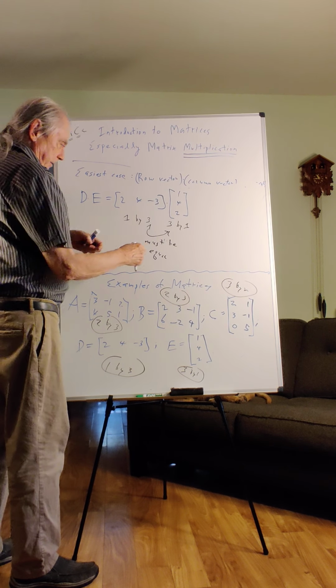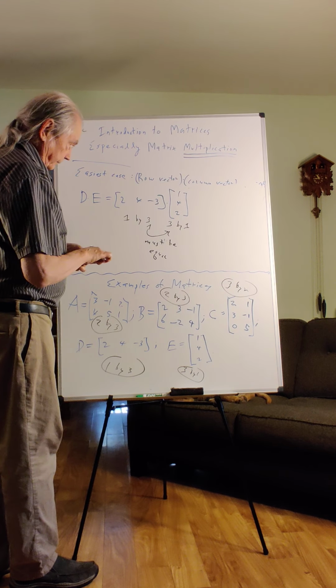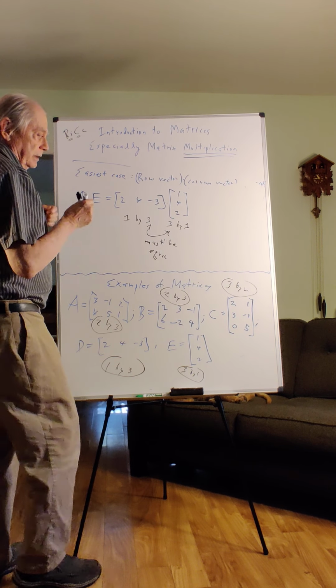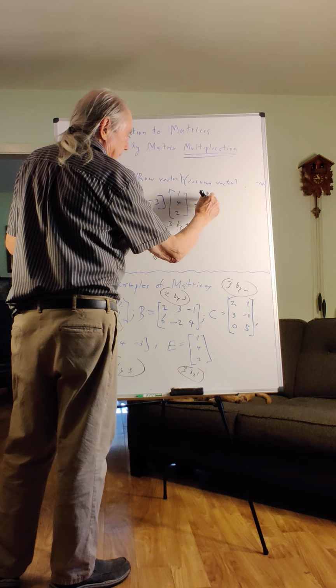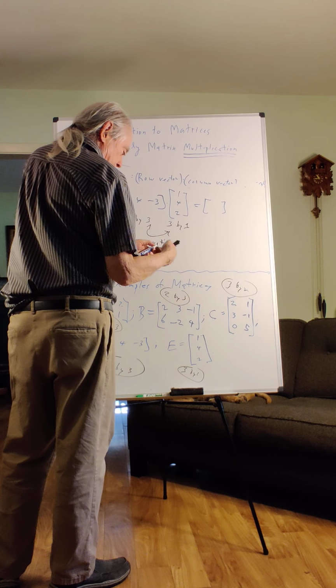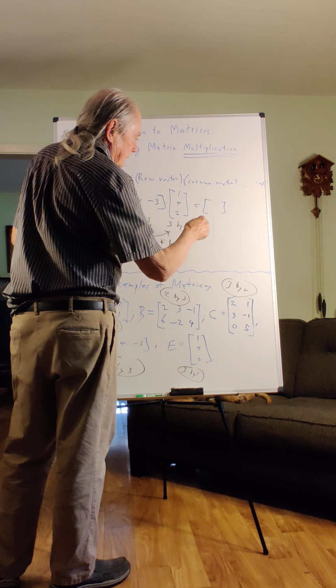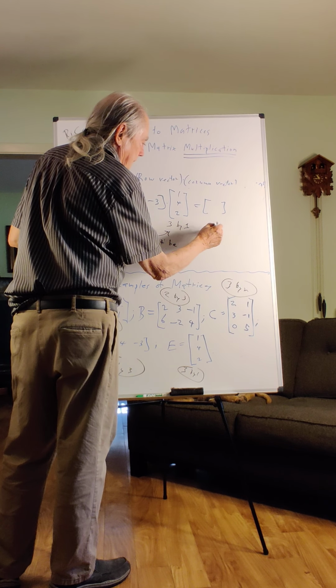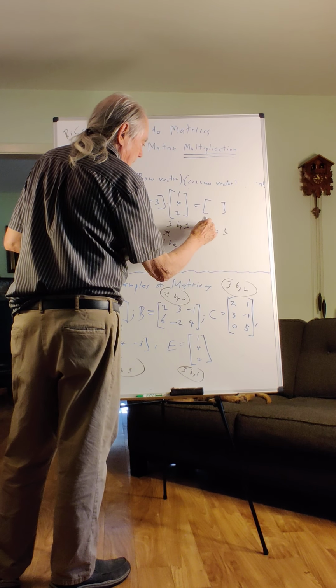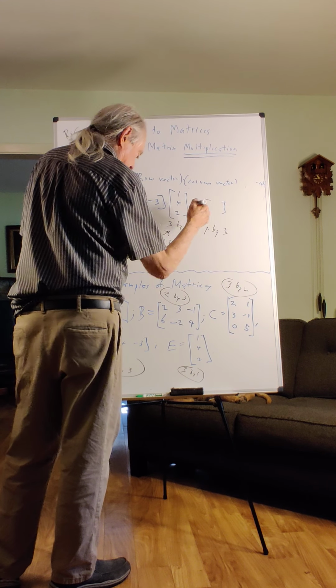In this case, they are equal. If they are equal, the answer is going to have this dimension. So it's going to be, in this case, 1 by 1. Only a single entry. So there's just one number that's going to go there.